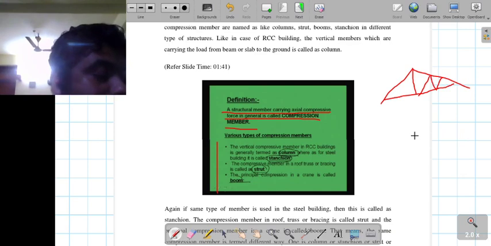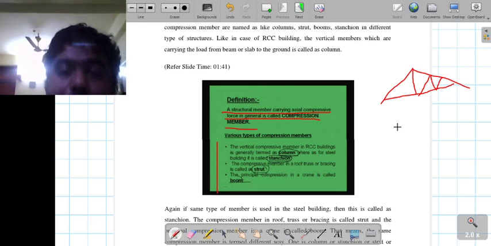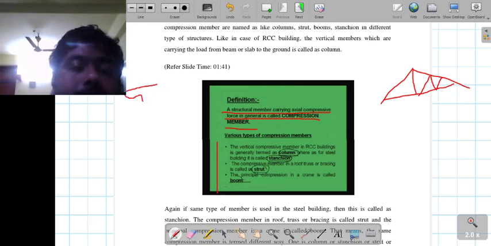For design of compression member, mainly what we need to know is the compressive area, that is area of the section. Suppose we are designing a compression member here with an I section, which will be used as a compression member. So I need to know what is the area of the cross section of this I section.